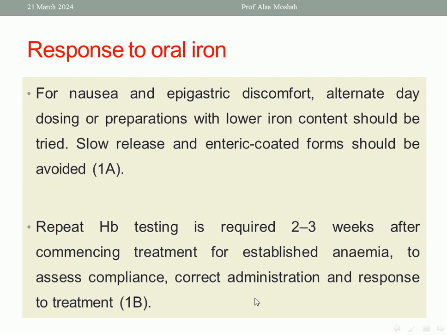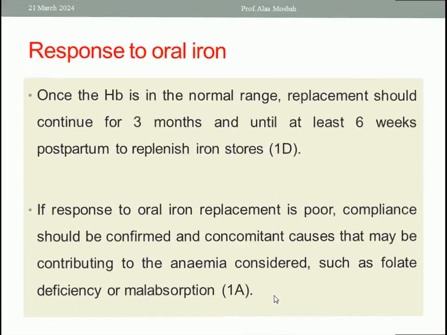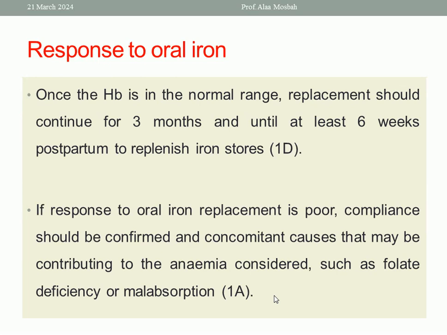Repeat hemoglobin testing is required 2 to 3 weeks after commencing treatment for established anemia to assess compliance, correct administration, and response to treatment. Once the hemoglobin is in the normal range, replacement should continue for 3 months and until 6 weeks postpartum to replenish the iron store.